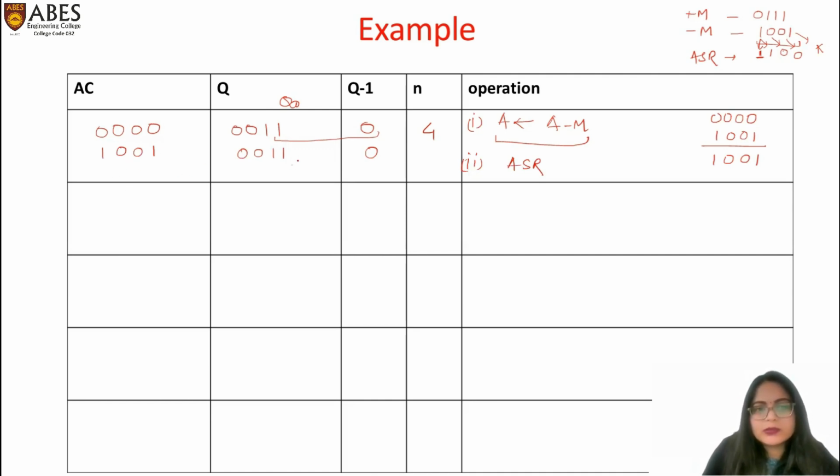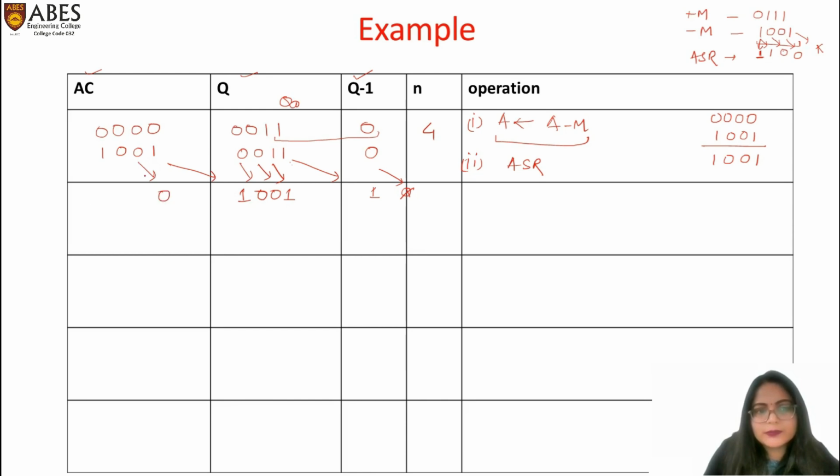So now this 0 will be discarded. This 1 will be at the place of Q minus 1, or Q naught will be at the place of Q minus 1. Now Q naught will be the same because the next bit is also the same. Now I am performing arithmetic shift right.